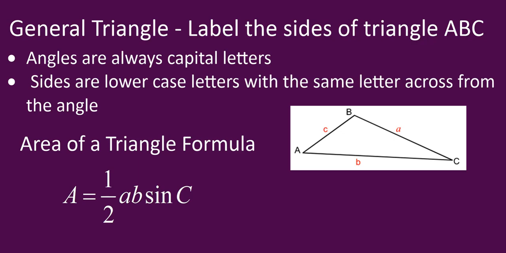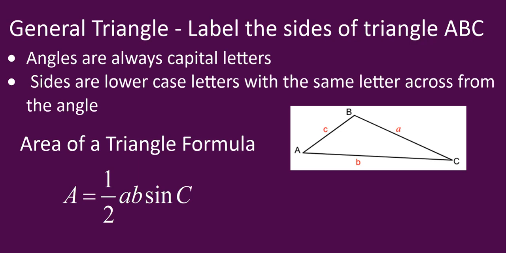Alright, general triangle, the labeling information. The way we label the sides of the triangle ABC, angles are always capitalized. So you'll look at the three angles, it's capital A, capital B, capital C. The sides are always lowercase letters labeled with the same letter as across from the angle.